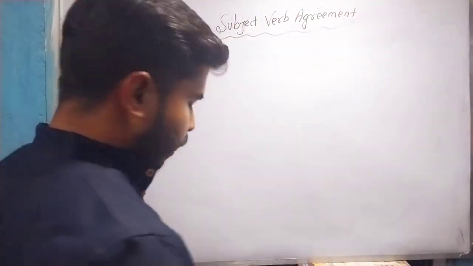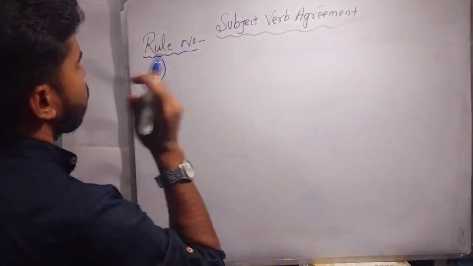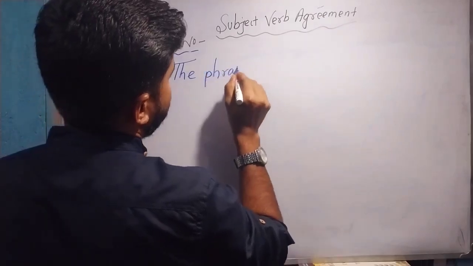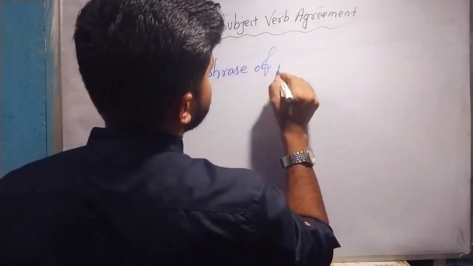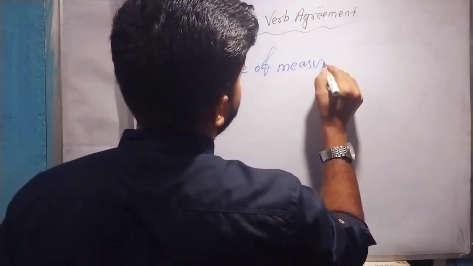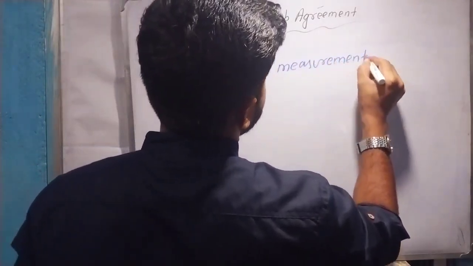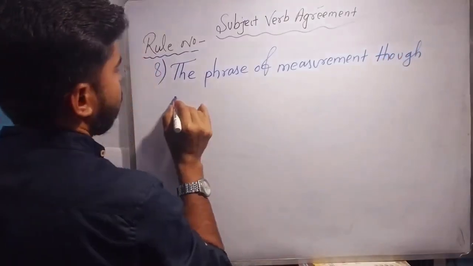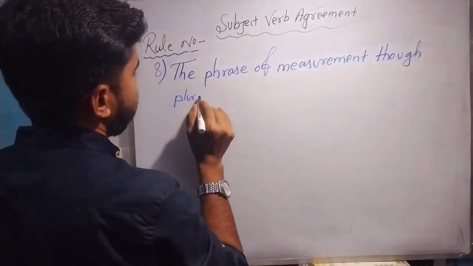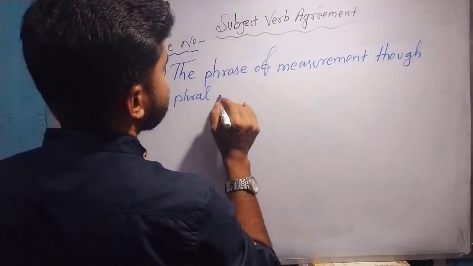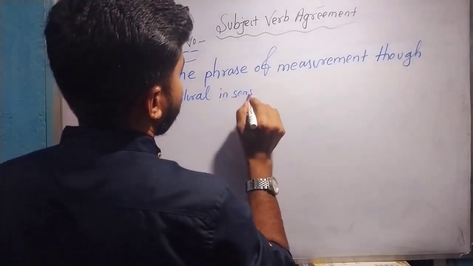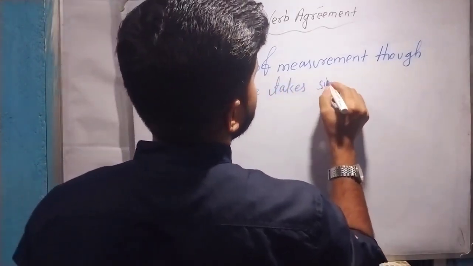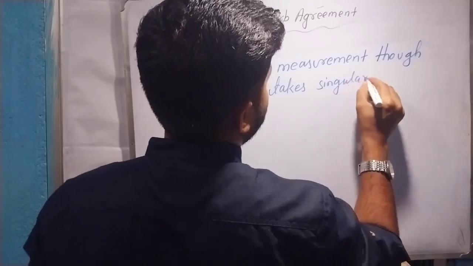So in the eighth rule, I can include the phrase of measurement. Measurement, though plural in sense, takes singular verb.